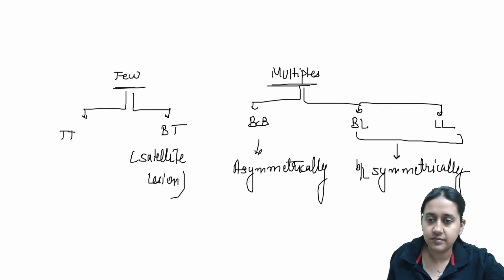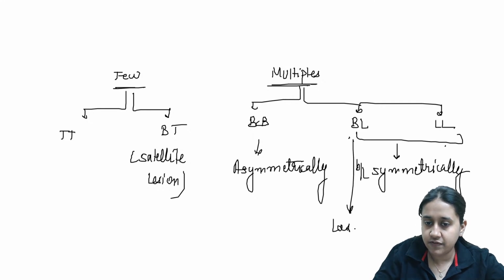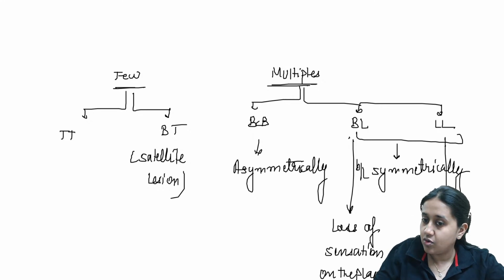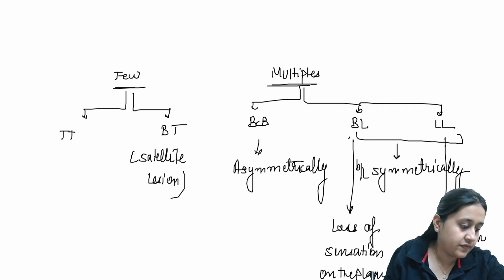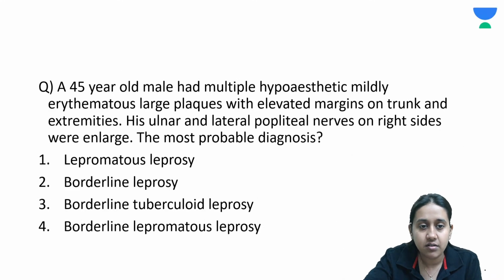Now, how to differentiate BL from LL? In BL, there is loss of sensation over the plaques, but in LL, no such loss of sensation is seen. Clear? So that is how you differentiate.